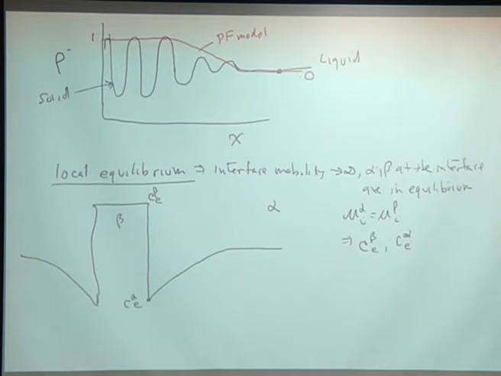If the interfacial mobility is not very high, what happens is that mu alpha is not equal to mu beta anymore. And that implies that the compositions change.